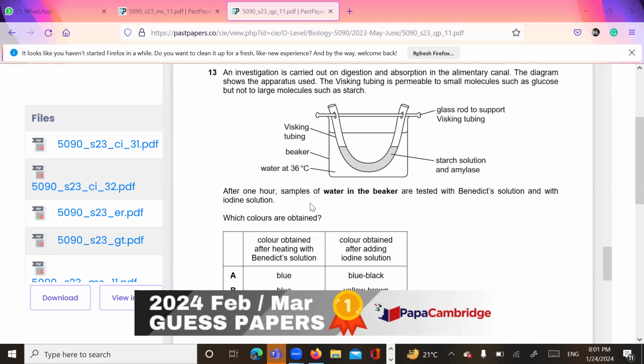After 1 hour, samples of water in the beaker are tested with Benedict's solution and with iodine solution. Which colors are obtained? So it is saying that it's permeable to molecules such as glucose, but not starch.